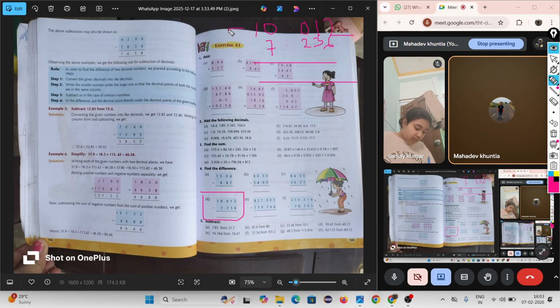Quick, make fast. Only you have to do the normal subtraction. Open your mic. Your mic is tough.